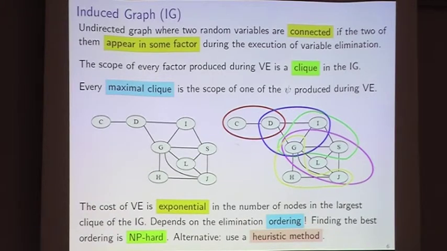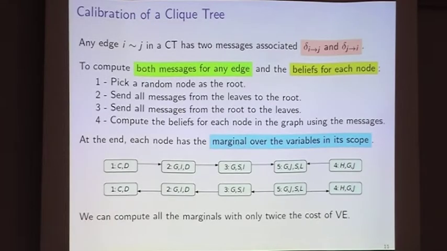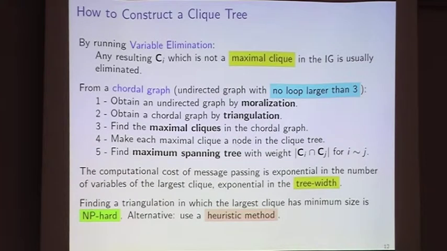And when we construct a clique tree, the cost of doing message passing is going to be exponential in the number of variables associated to the largest node in that clique tree, which will correspond to the largest clique in the induced graph.